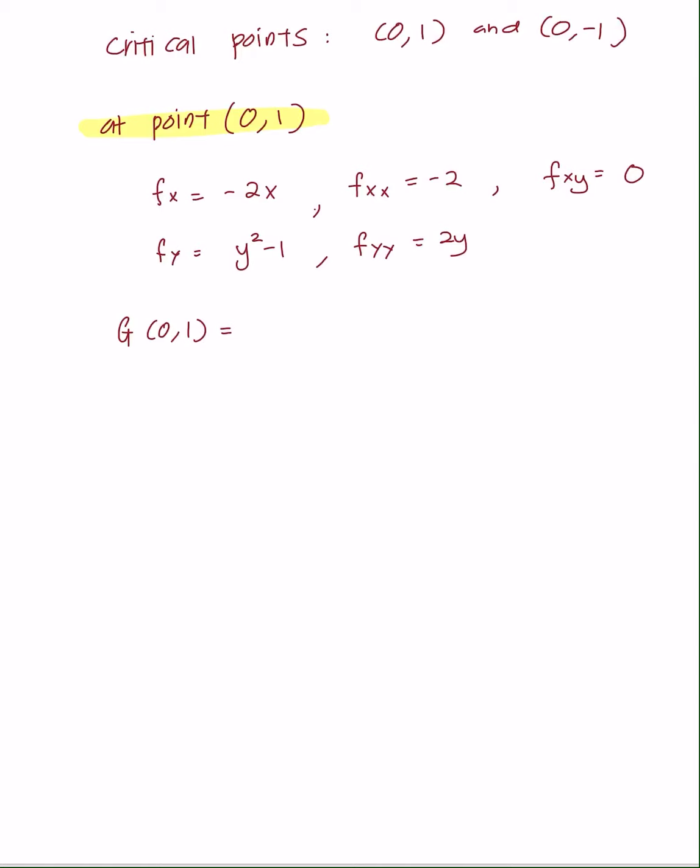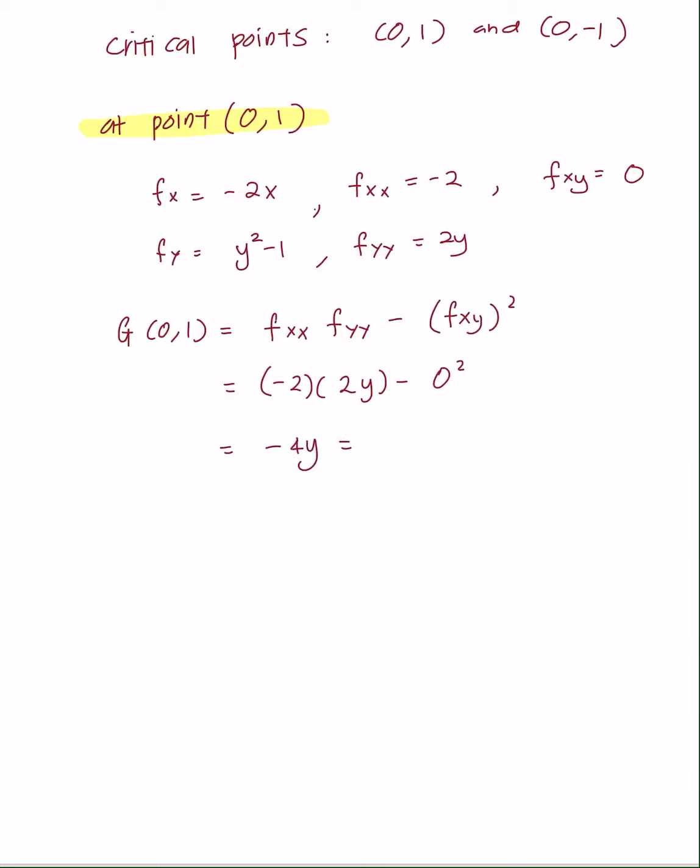It is fxx times fyy minus fxy squared, so it will be minus 2 times 2y minus 0, so it will be minus 4y.